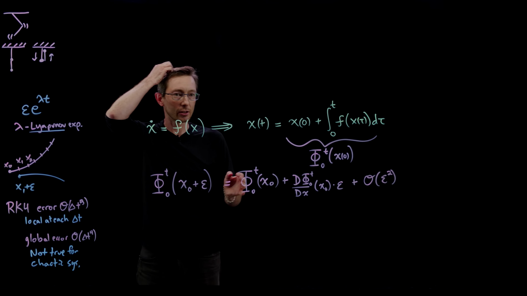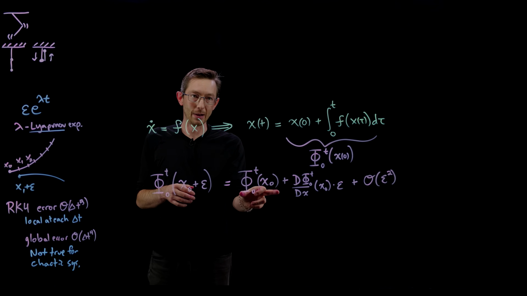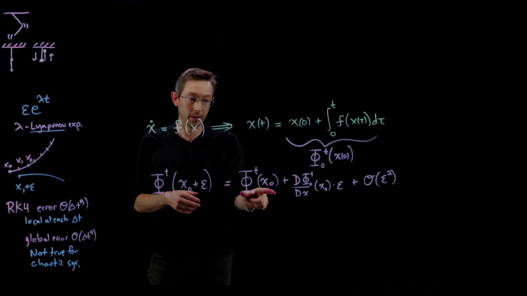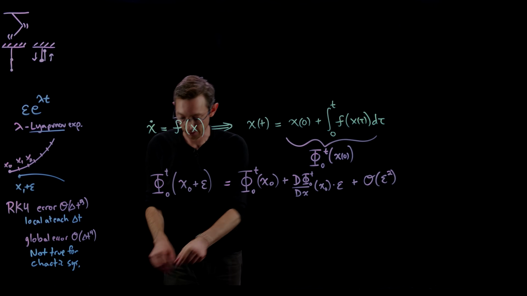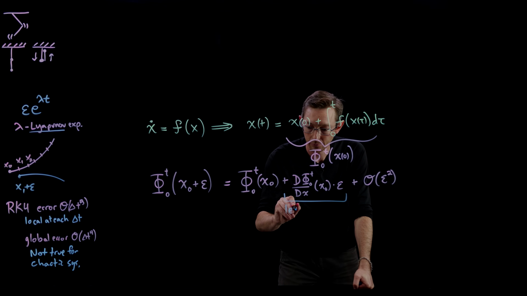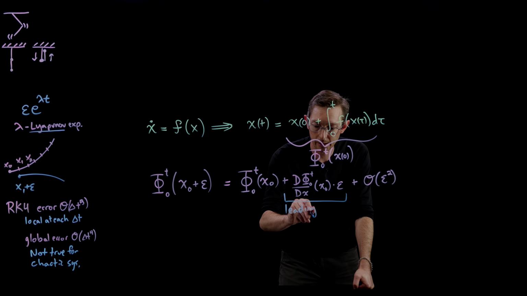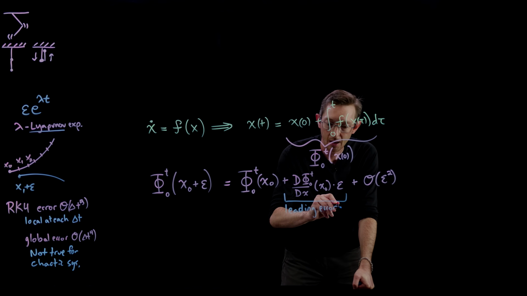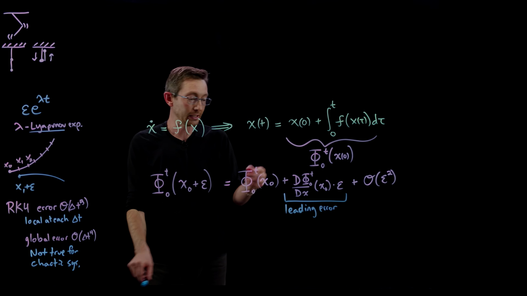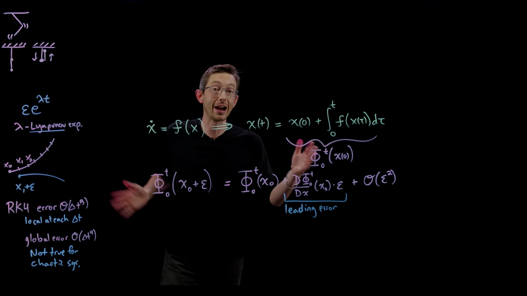And so essentially, this is the true flow map. This is the true trajectory x at time t. This is what I actually want, and this is my leading error term. And this is actually how we compute this lambda, at least approximately for finite time trajectories.